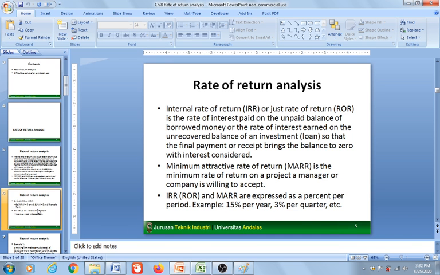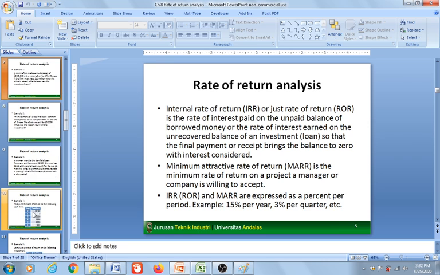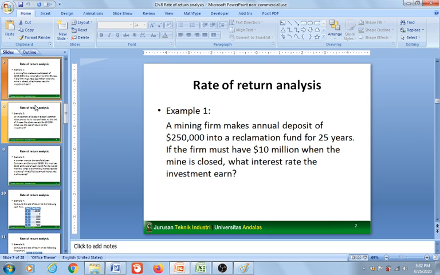See example number 1 over here. There is a mining company, and that company makes an annual deposit of $250,000 into a reclamation fund for 25 years.